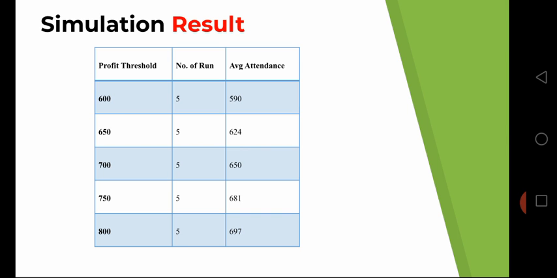So you have to keep in mind that this is the simulation result for the first day. To get the result for the entire event, we have to multiply by the number of days the event is held.